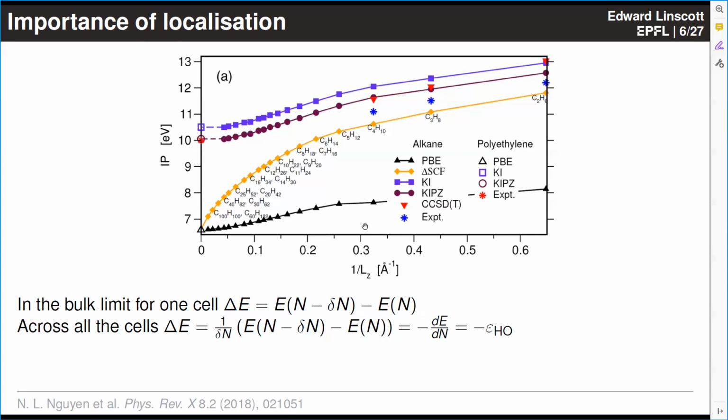In principle, what one could do, instead of bothering with Koopmans, is calculate all of your orbital energies by performing these total energy difference calculations. But then in reconstructing your band structure, you'd basically be doing what a Koopmans functional does already. So we are bridging that gap, tying everything to total energy differences in our calculations.